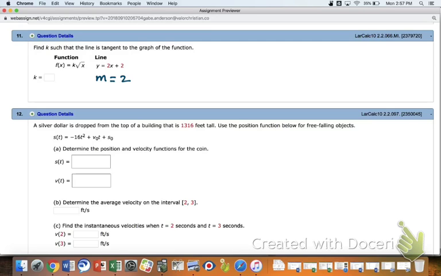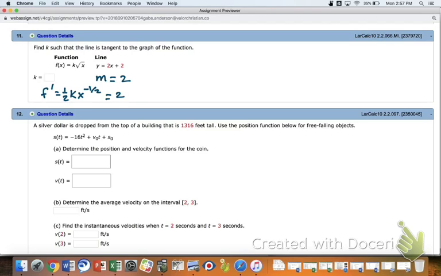And so if that line really is going to be tangent to that function, then the slope of the line, which is 2, had better be the same as the slope of the curve, right? So the slope of the curve would be f prime equals 1/2 k x to the negative 1/2. Does that make sense? Okay. So that needs to equal 2.